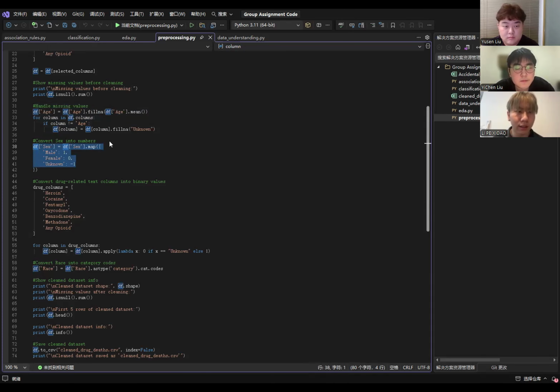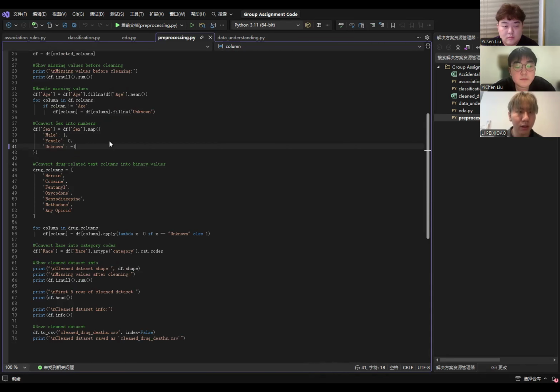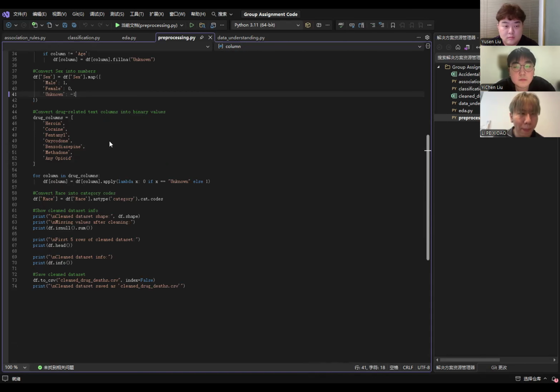This makes the dataset much easier to use for mining patterns and predictions. Finally, we save the cleaned data into a new file called cleaned drug disease CSV. This allows the next scripts to use the prepared dataset directly.